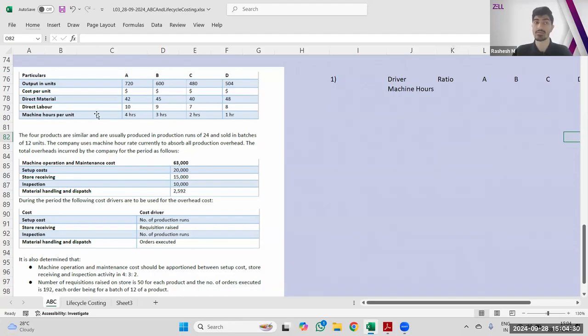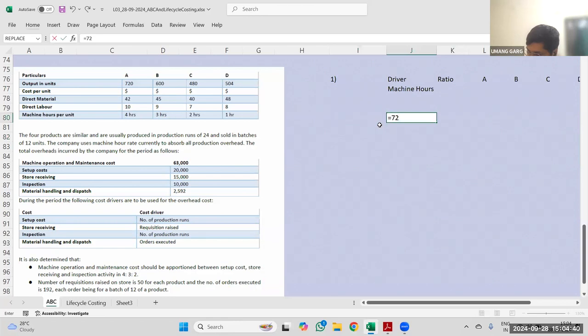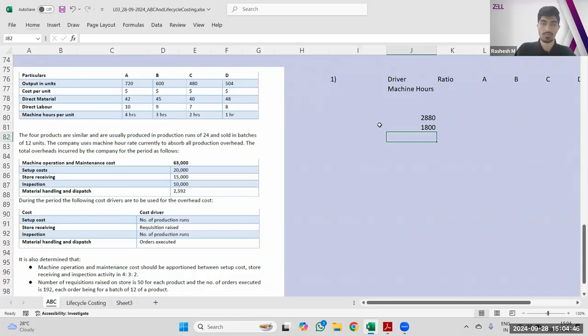Again, machine hours has been given in per unit terms. So my ratio needs to be a multiple. Let's do it. So 720 units take 4 hours. 600 units take 3 hours. 480 units take 2 hours. And 504 units take 1 hour.